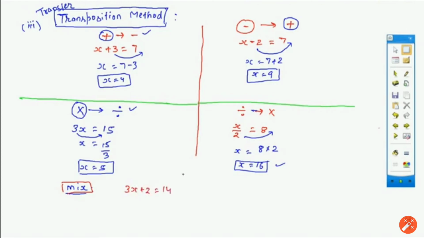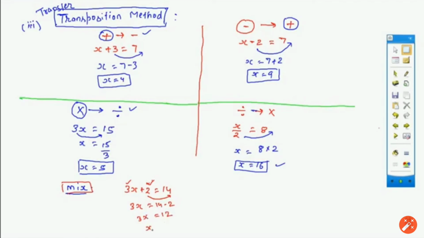Now I am giving you a mixed example, in which there is multiplication form and addition form. For example, 3x plus 2 is equal to 14. Here plus 2 is in the LHS. So plus 2 will go to the right hand side. It will change into minus 2. So first of all we write 3x is equal to 14 minus 2. This implies 3x is equal to 12.